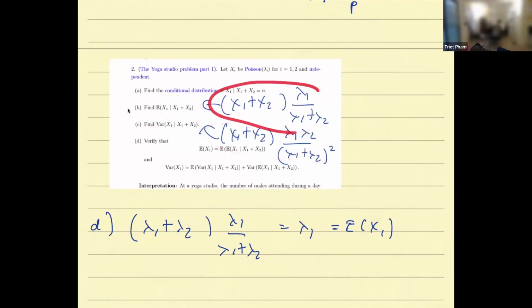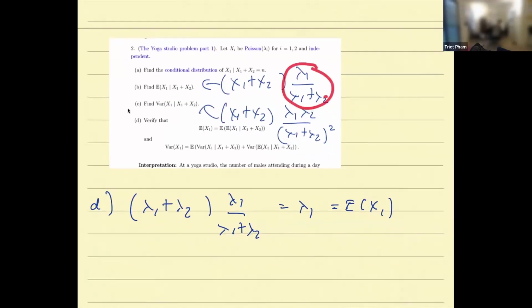So the variance of this will require us to square this, because that's the constant. And then the variance of the sum is the sum of the variances as long as they're independent, which they are. So here, we just have lambda 1 plus lambda 2. Okay.